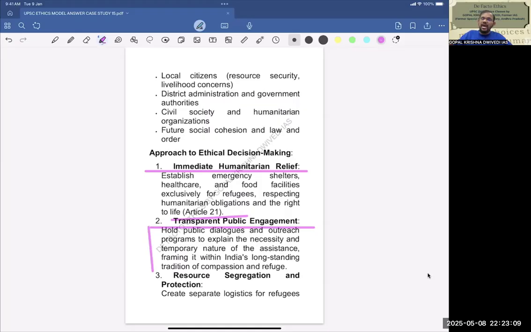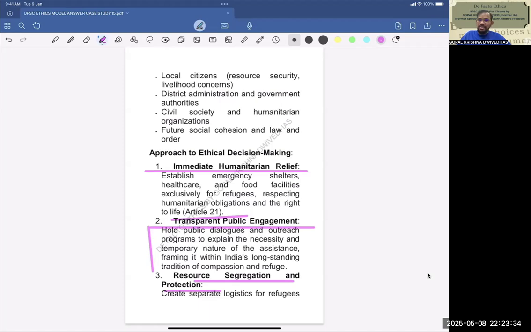On the other hand, you have to explain the whole thing to the local population: what is your compulsion, why you are doing that, and how it will not affect them adversely. So transparent public engagement is very important. Then resource segregation and protection.